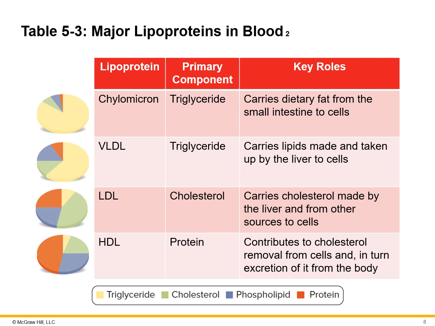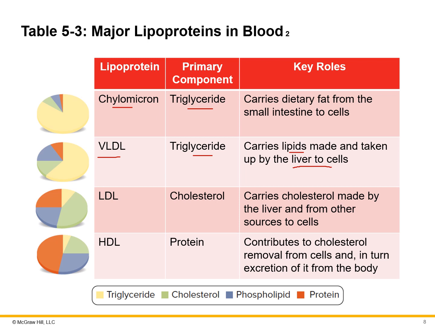This is just showing the different types of these lipoproteins. We have the chylomicron that's mainly carrying the triglycerides. So it's carrying those fats from the small intestine. We have VLDL, which is very low density lipoprotein. It carries the lipids that are taken up by the liver and takes them to the cells.